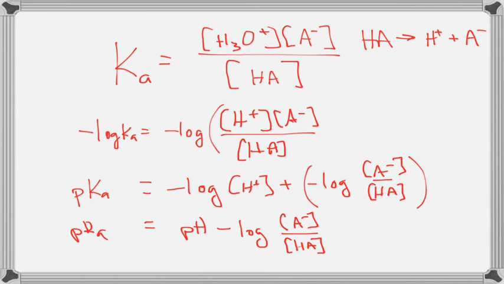The other reason why it's difficult is, at least in the old textbook, it said A minus was base, and it called HA acid. Why is that problematic? In this problem, how many acids are there? There's a strong acid and a weak acid.